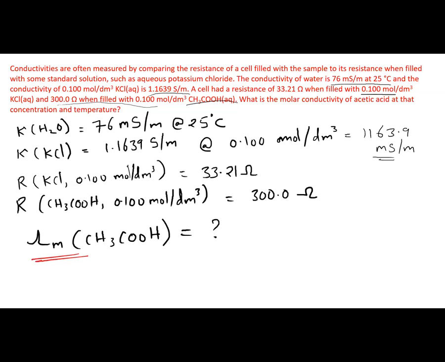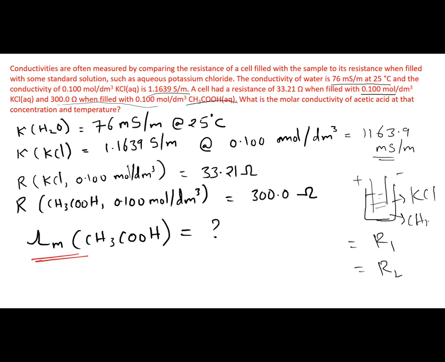What the question is asking is, if you take a cell with electrodes, positive and negative, and fill it with a solution, let's say KCl, the resistance of the cell is given by some R1 value. And if you change the KCl solution with acetic acid, it gives another value, which is R2.